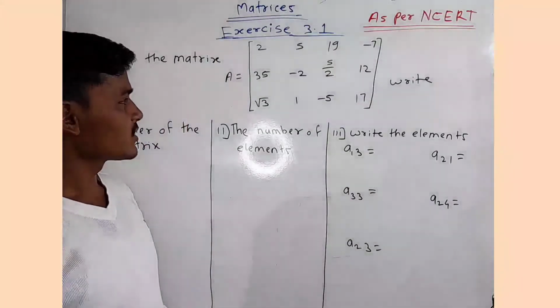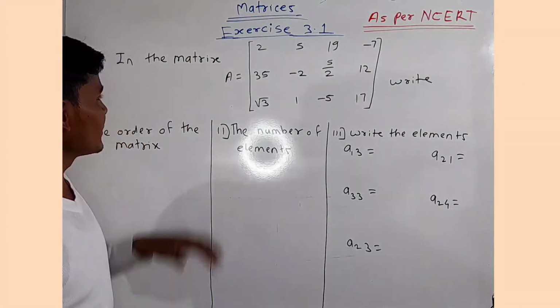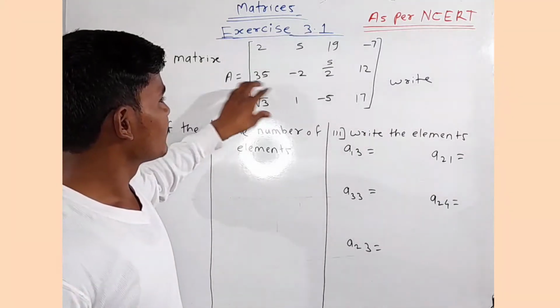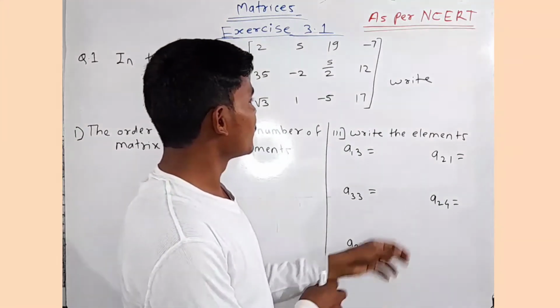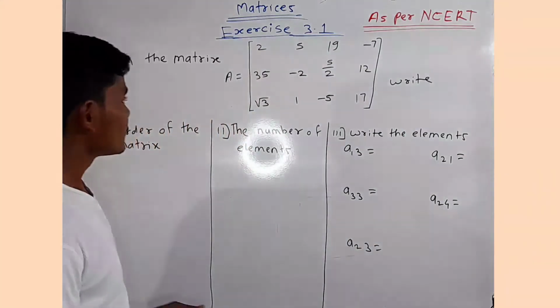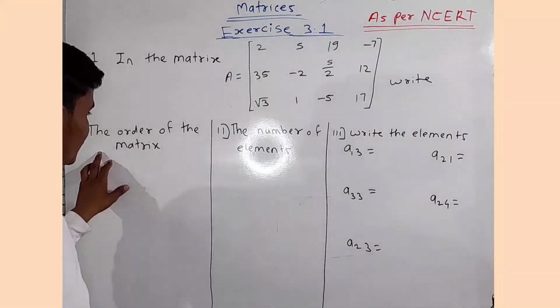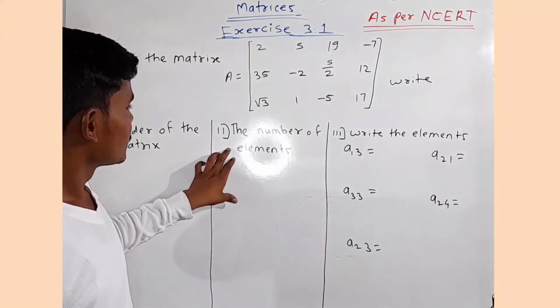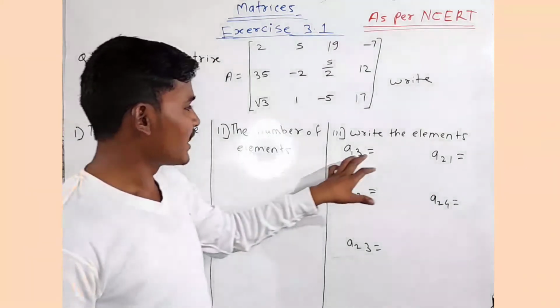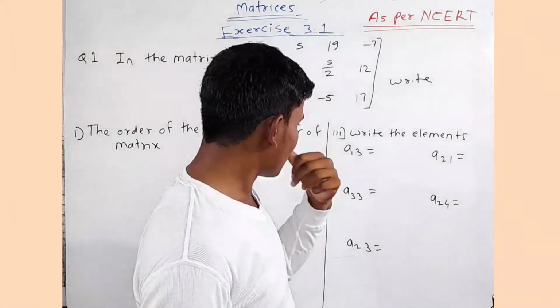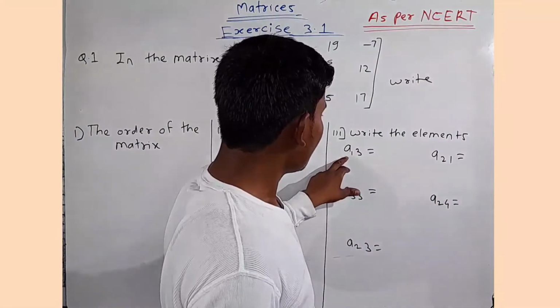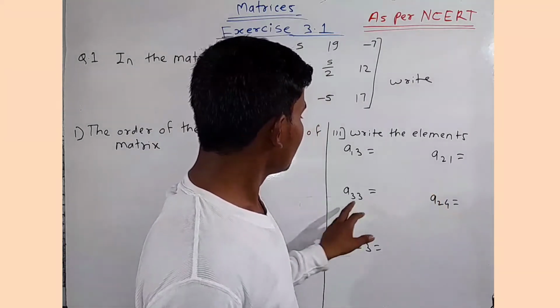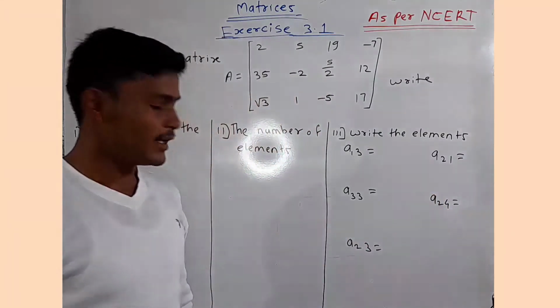So we have the first question. In the matrix A with the elements they have given, write the order of the matrix, the number of elements, and write the elements A13, A21, A33, A24, A23.